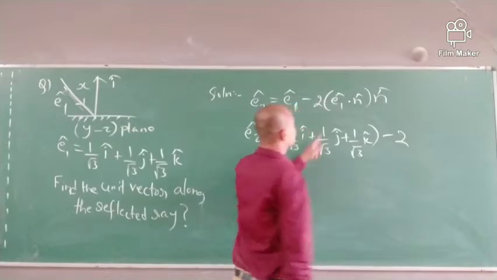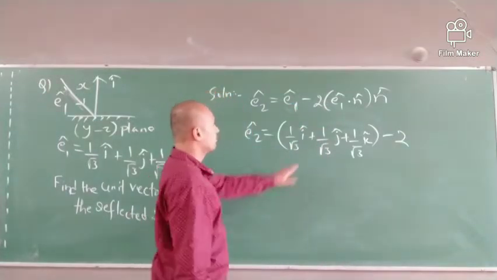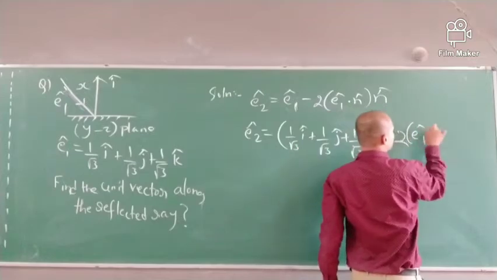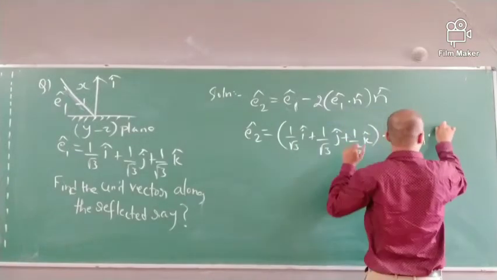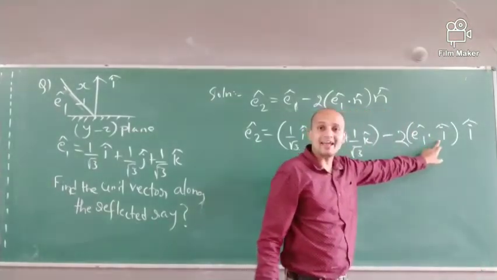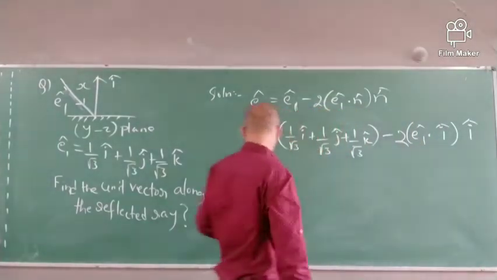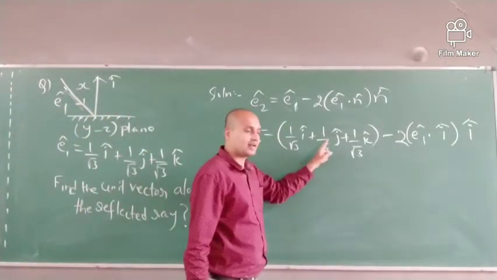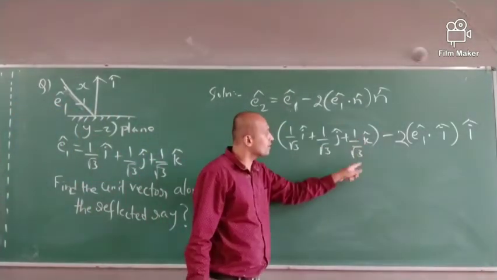minus 2 into. See here, this is e1 cap; let me keep it as it is. Dot, what is this? i cap, along direction i. Now i dot e1. What is e1? 1 by root 3 i cap plus 1 by root 3 j cap plus 1 by root 3 k cap.